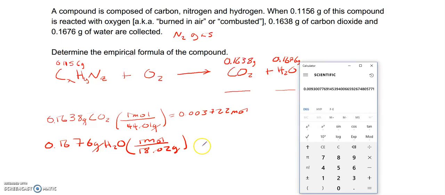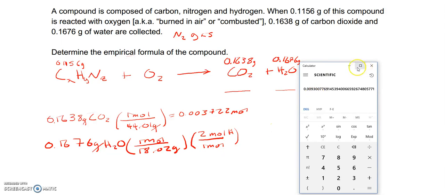Alright, that's how many moles of water we have. Let's keep that number for now though, because we want moles of hydrogen, not moles of water. So let's convert this to moles of hydrogen. For every 1 mole of water, there are 2 moles of hydrogen.